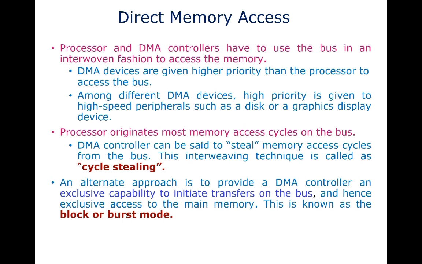Next is the word count, which indicates how many words must be transferred. Next is the transfer direction, which specifies the direction of data movement. After completion, the DMA controller can inform the processor by generating an interrupt. So this is what we have discussed here. Thank you.